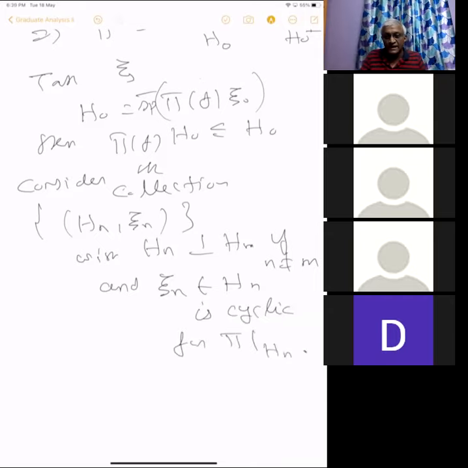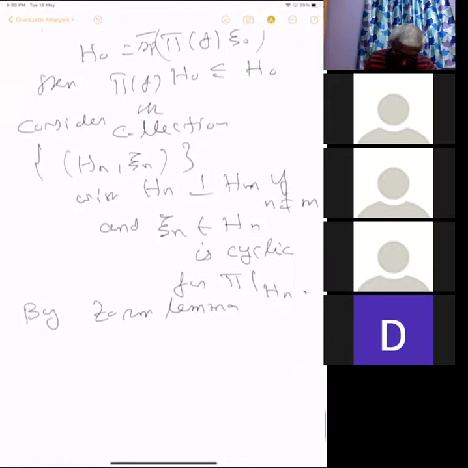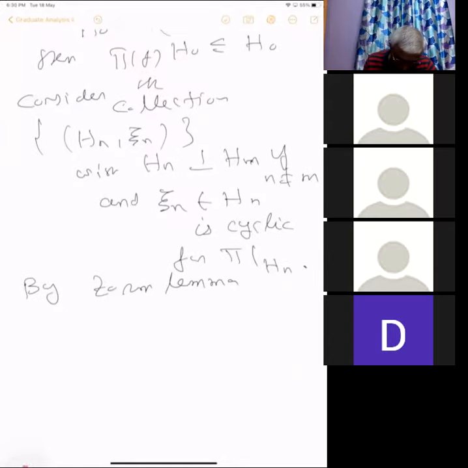You just take an orthogonal collection H1, H2 up to Hn or whatever, with xi n cyclic vector, so that pi restricted to that is cyclic. We know that there exists one single element in this; it's not an empty set. Then Hn is orthogonal to Hm. So by Zorn's lemma, there exists a maximal element. You consider the bigger set H1 up to Hm, where H1 up to Hn is contained in that. You know how to do this. By Zorn's lemma, there exists a maximal element.